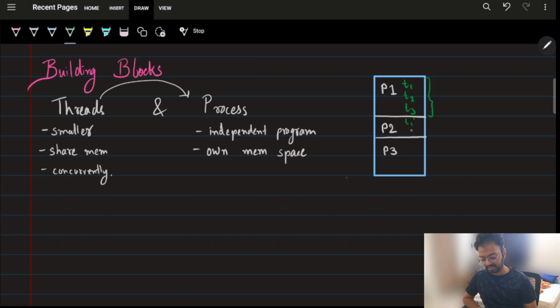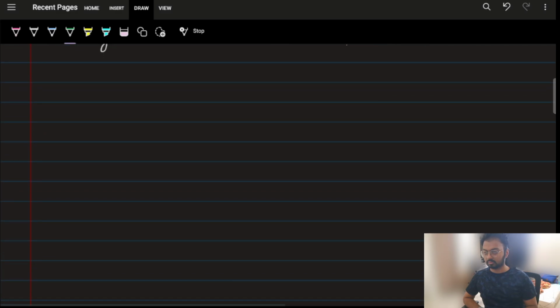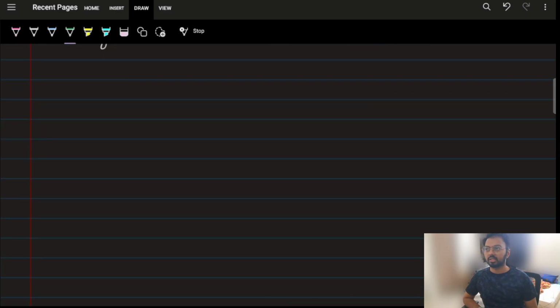Similarly, let's say there are threads T1 dash, T2 dash, and these share the common memory space of a process. So this is the essential difference between threads and processes. These are just the building blocks of terminology: threads and processes.